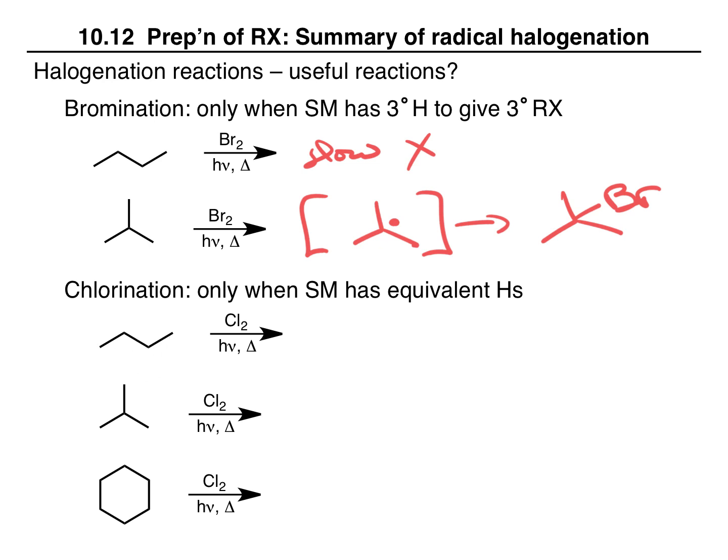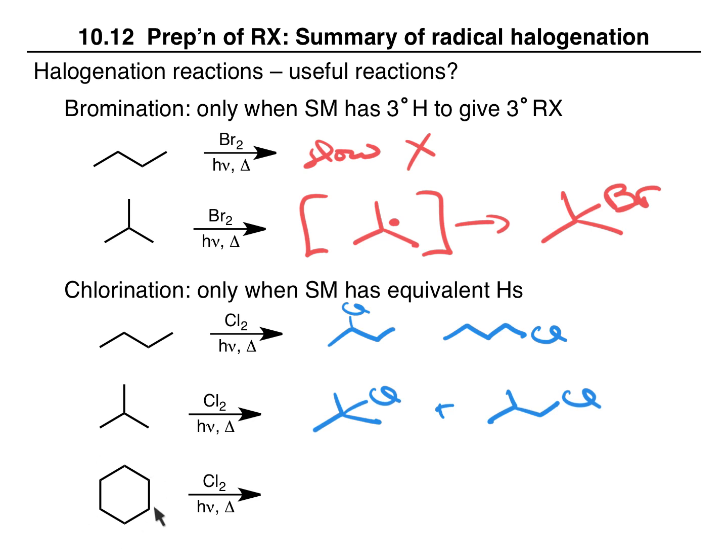And so this isn't going to be very useful because even if we get monochlorination, we're still going to get a mixture of products. This reactant worked well for bromine, but because chlorine is highly reactive and not very selective, we're still going to get a mixture of products. So still not very useful.